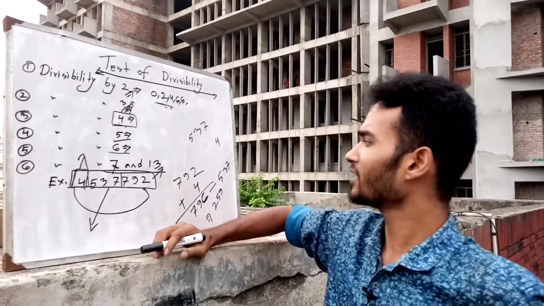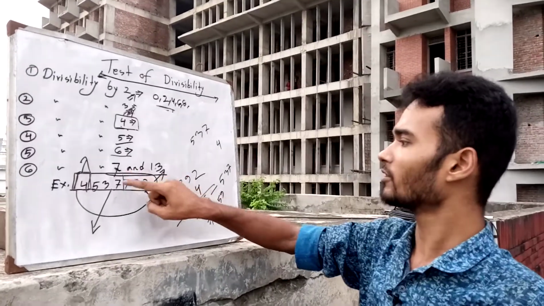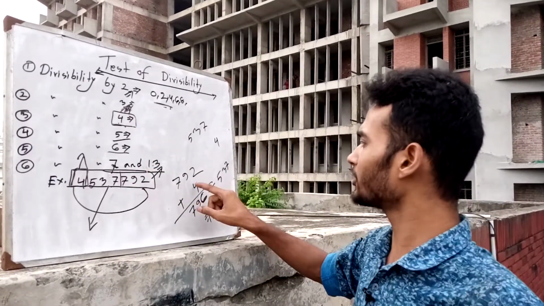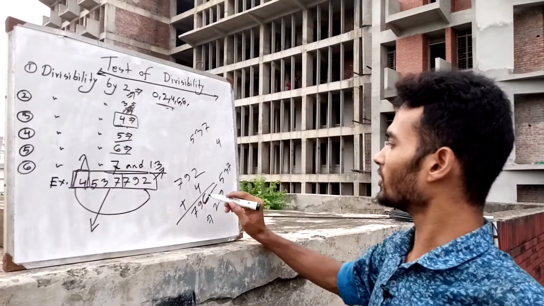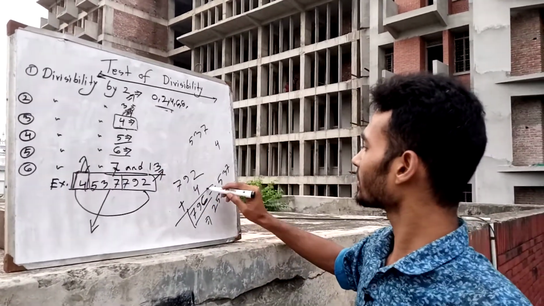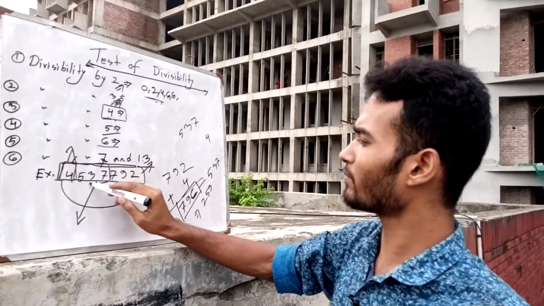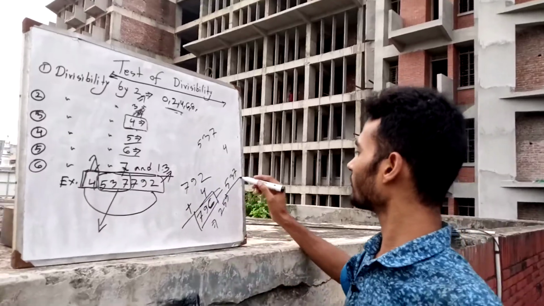Here in this number, our first odd block is 792, with the third block 4 added, 796. Deducting the second block 537, we find 259.